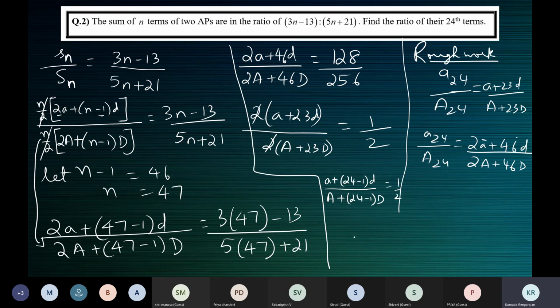Twenty-three is 24 minus 1. So A plus 24 minus 1 into D is nothing but A24, A24 divided by A24 is equal to 1 by 2. So the ratio of the 24th terms is 1 by 2. Please write down, children.